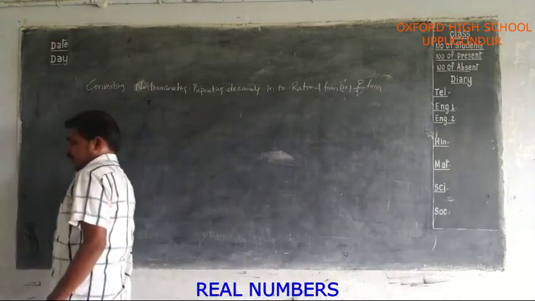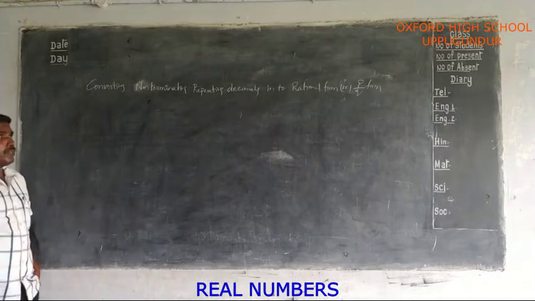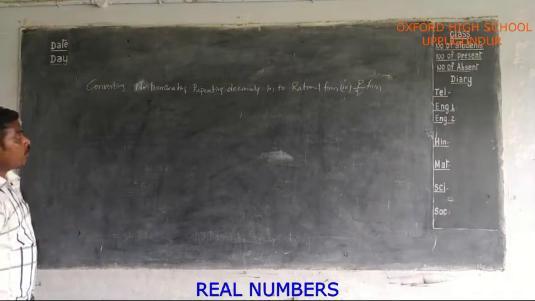So how will you convert non-terminating repeating decimals into rational form or P by Q form?